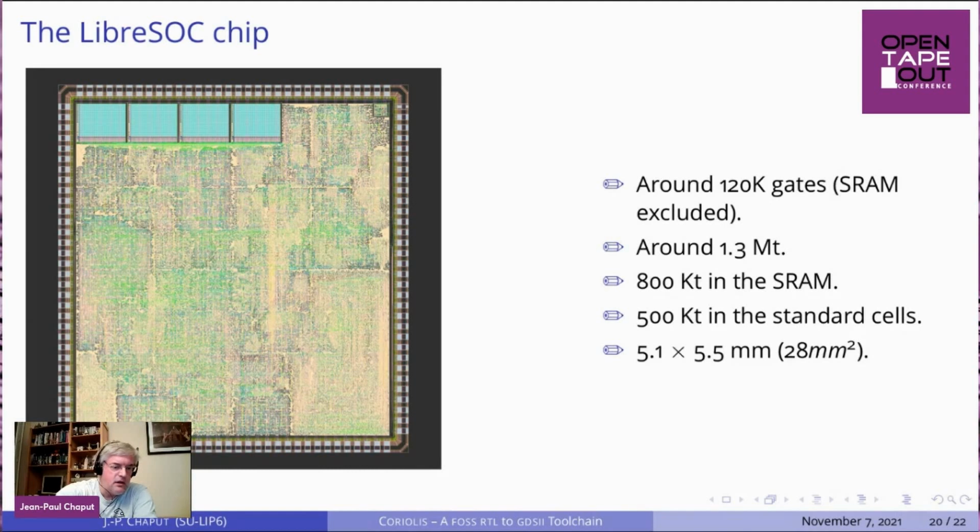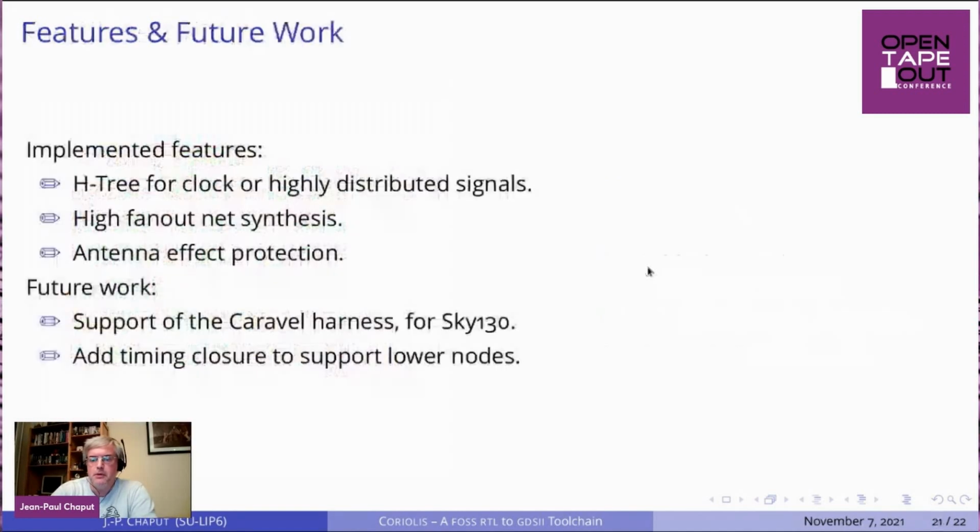I think the placement lasts 39 minutes. Okay, I have the numbers. 32 minutes, sorry, for the placement, 5 minutes for the global routing, and 6 minutes for the detailed routing. So it takes about three quarters of an hour for that chip.